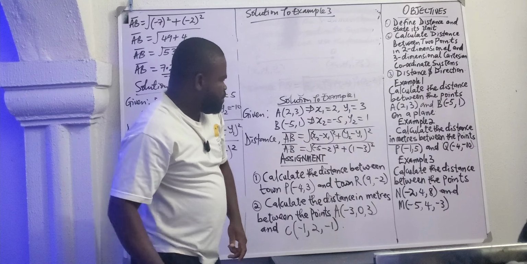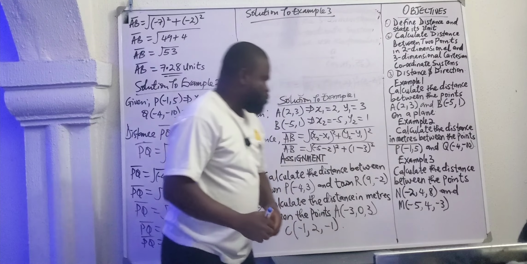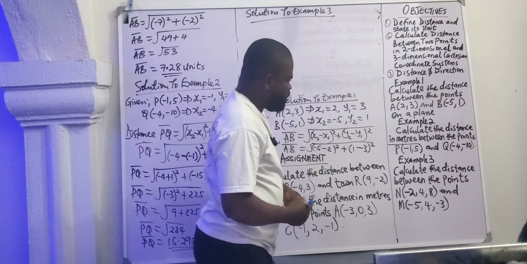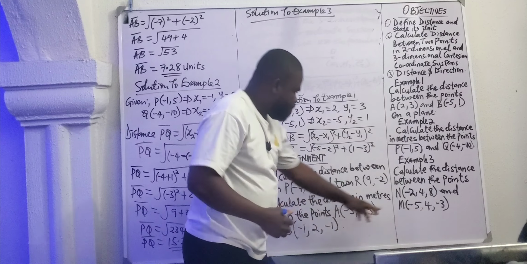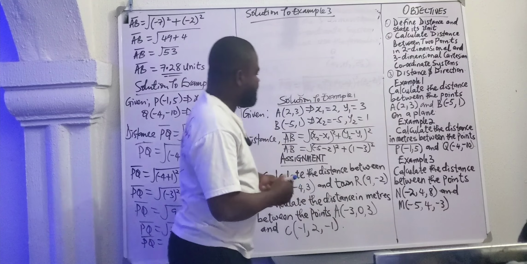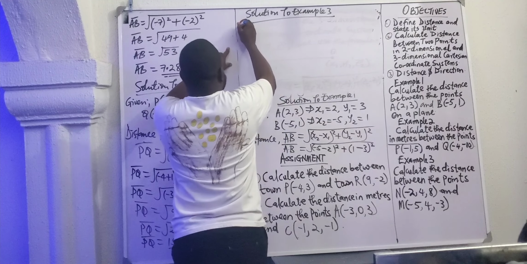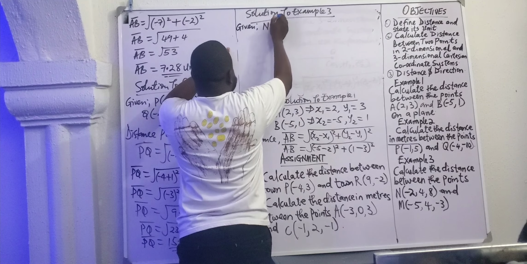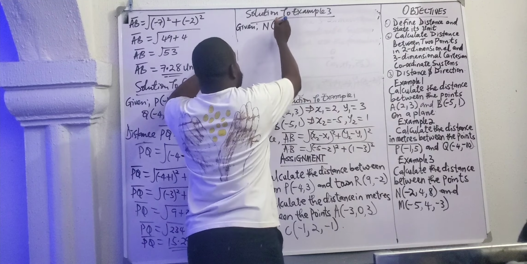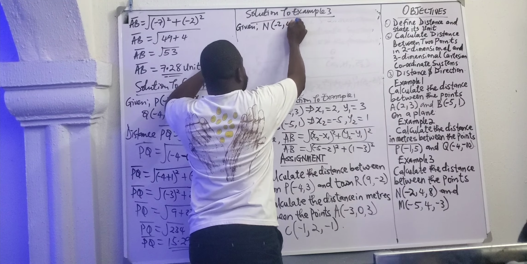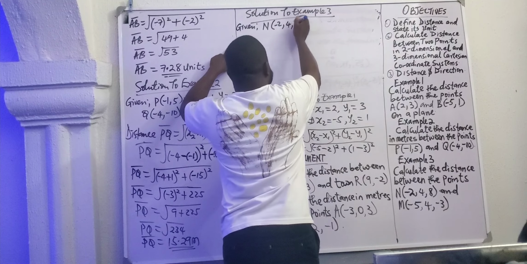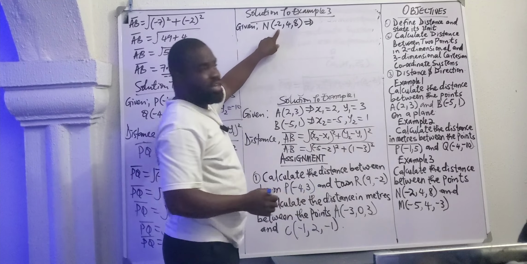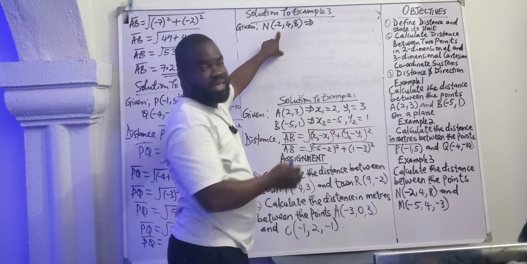So we are given to calculate the distance between the points N minus 2, 4, 8 and M minus 5, 4, minus 3. So we are given the point N as minus 2, 4, and 8. What does that mean? The first value quoted is the x value.